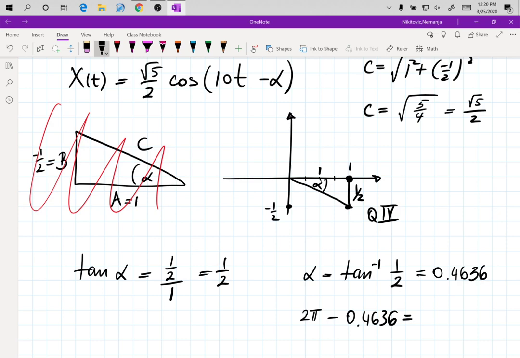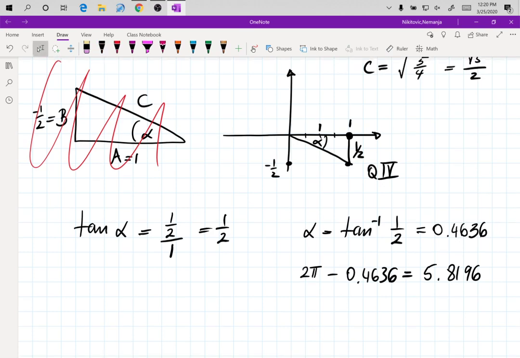And that will give you 5.8196 when you subtract and round. And that's your alpha.